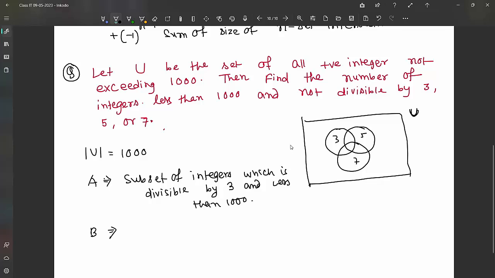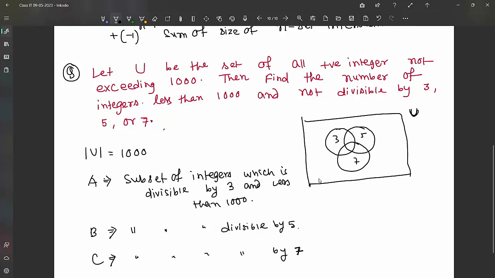Similarly, B is the subset of the integers which are divisible by 5, and similarly C is the subset of the integers which are divisible by 7. Now tell me how many such integers are there?